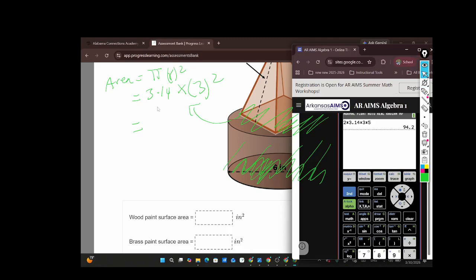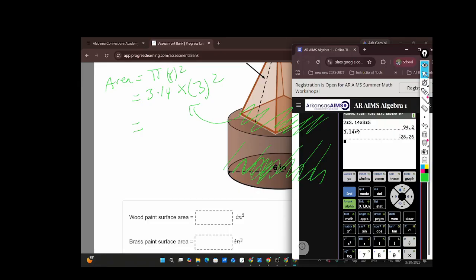Here is 3.14, multiplied by 3 squared, which is 9. This is equal to 28.26.